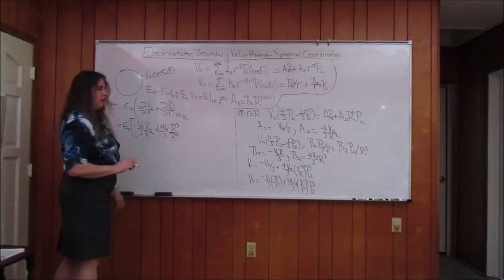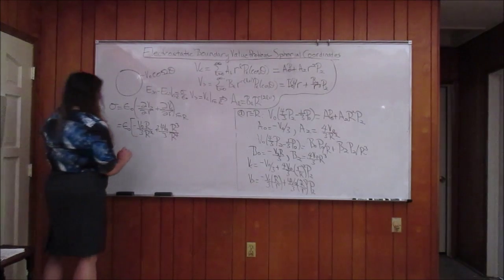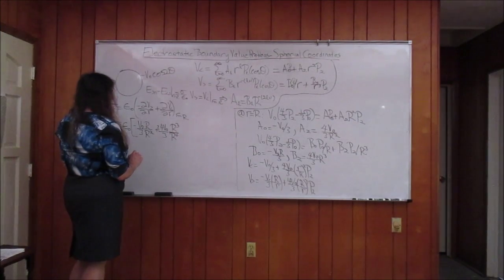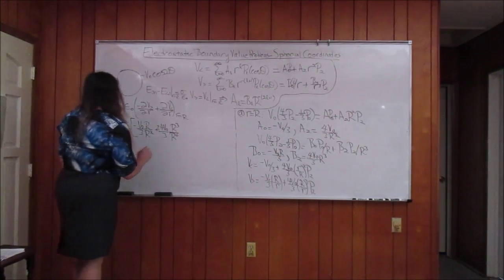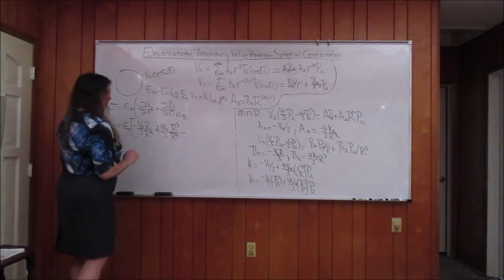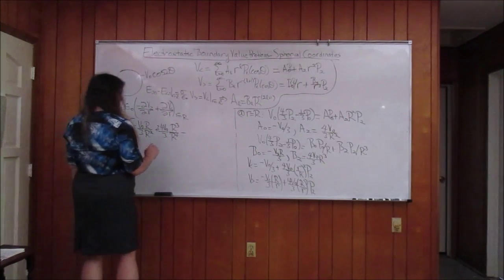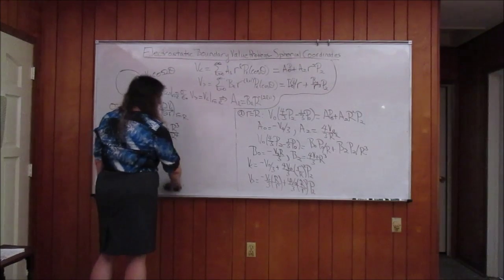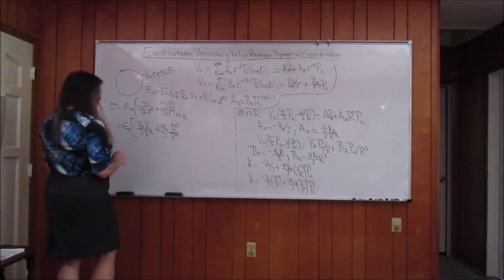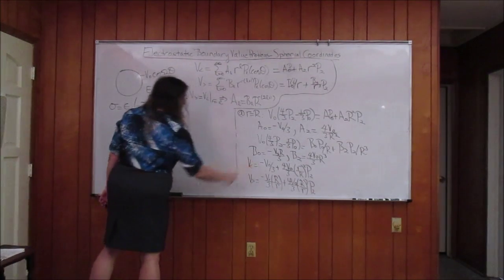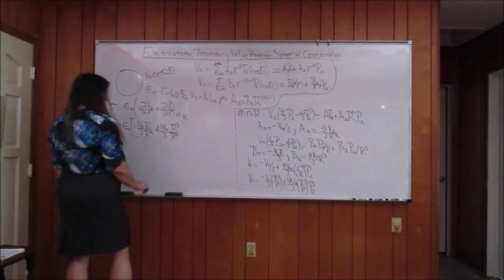And then for the interior solution, that first term vanishes. You take the partial derivative with respect to r here. That just gives 0.